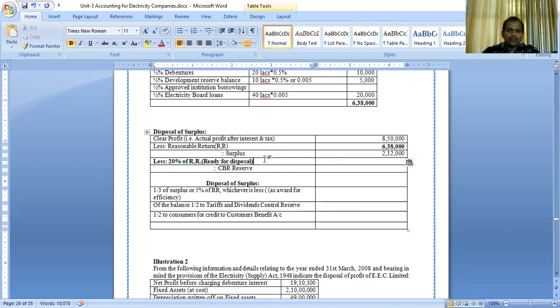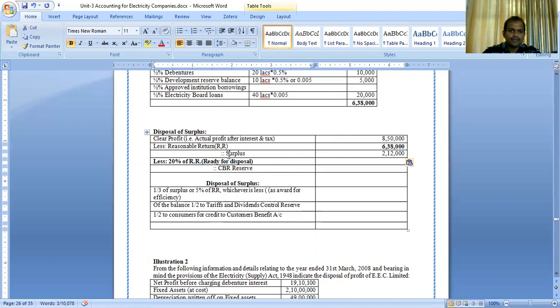So see, in excess of 20%, we have to transfer the profit amount to the customer's benefit rebate reserve directly. Okay, so this 20% we have to dispose of in three ways.